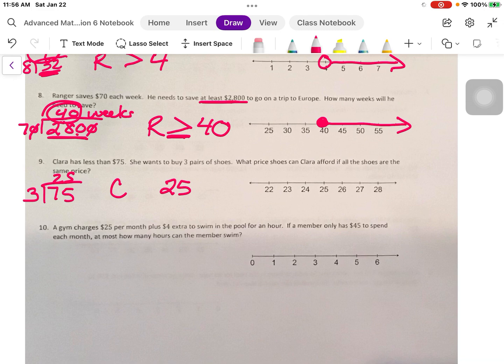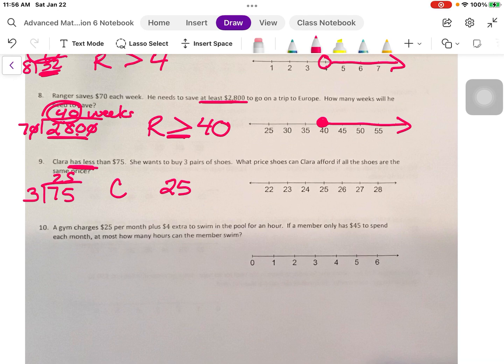Let's look at the inequality wordage. She has less than 75. If she had $75, she could spend $25 a pair, but she can't spend $25 a pair because she has less than that. So if she has less than 75, she might have 74.